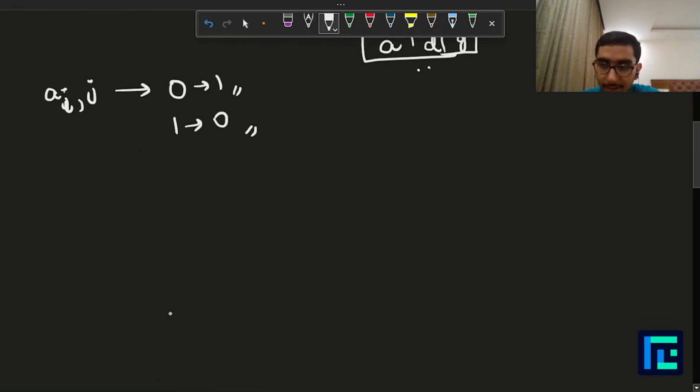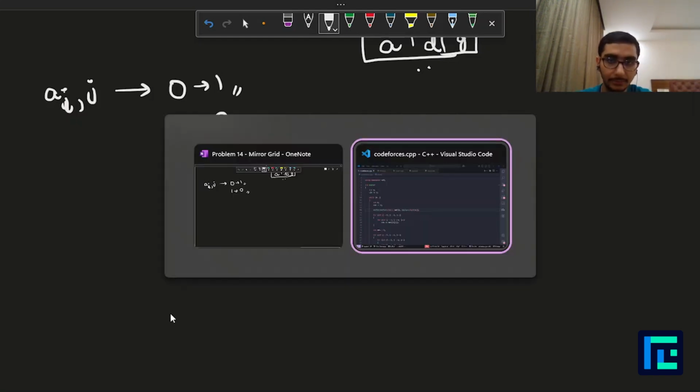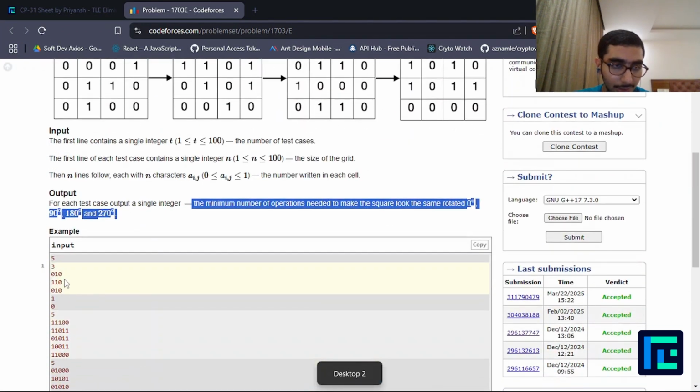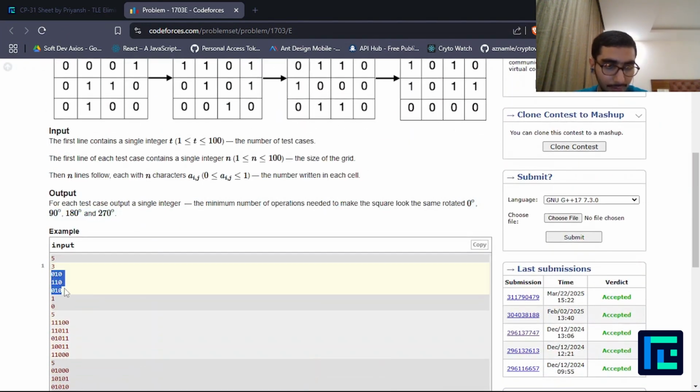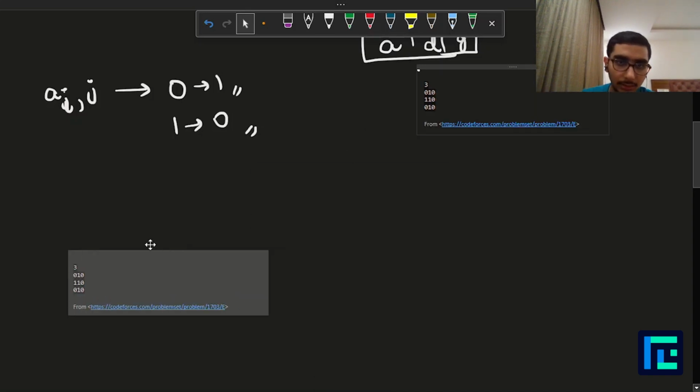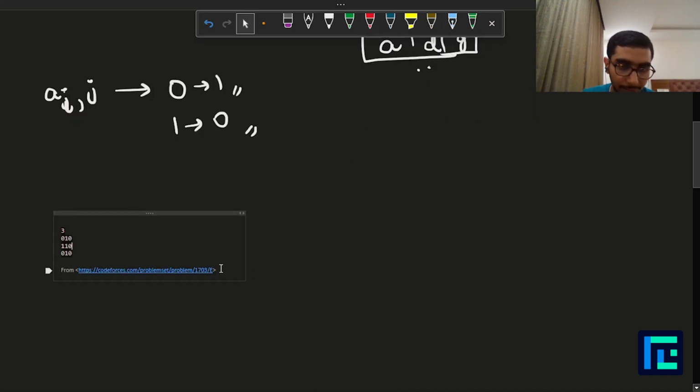Now let's discuss an example case to understand our rotations better. I'll be moving back here, and let's choose this first case, paste it here, and let's remove anything that we don't need.